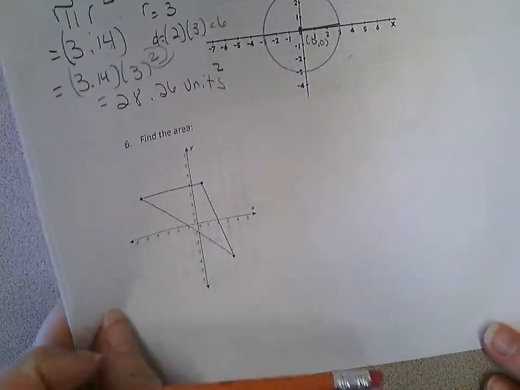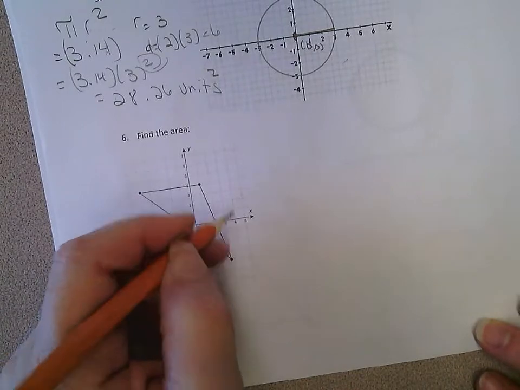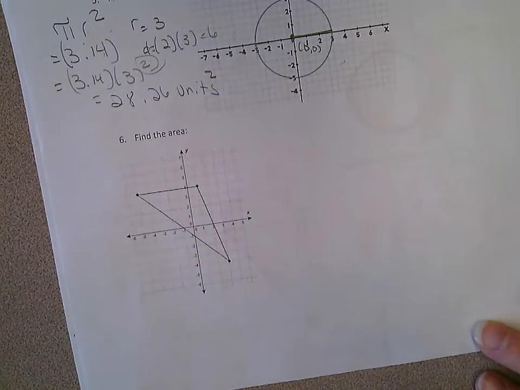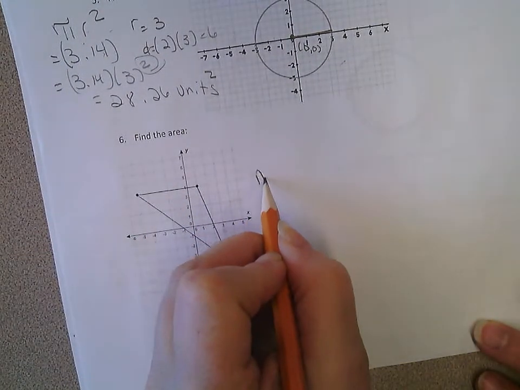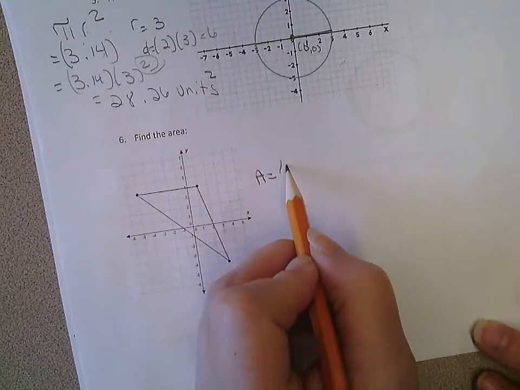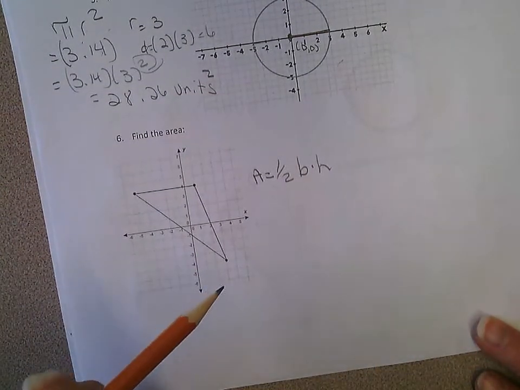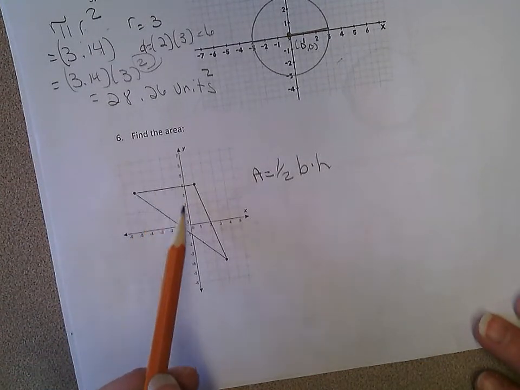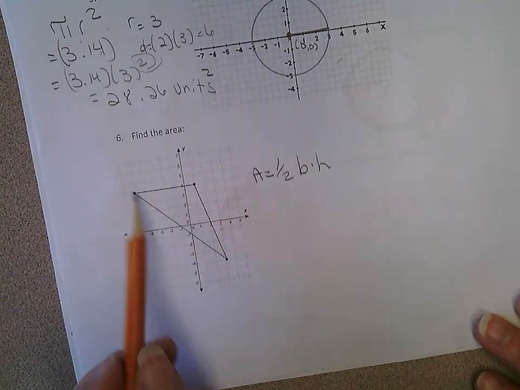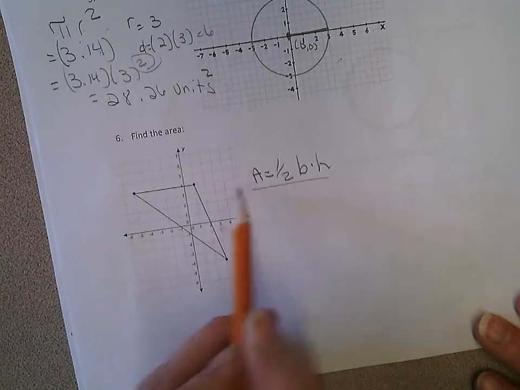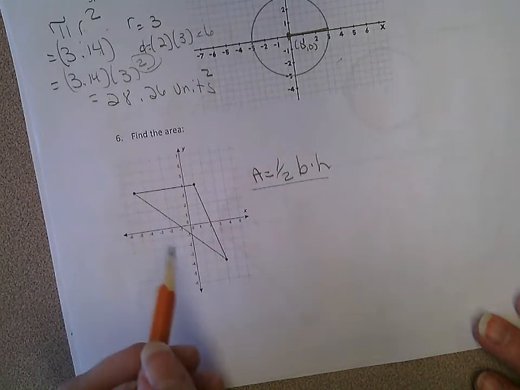The area of a triangle, this has been interesting for me because of making sure that you understand this, that this wasn't as clear for this. But what we're going to look at is that the area of a triangle is 1/2 base times height.